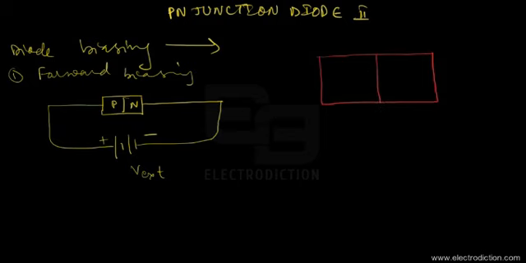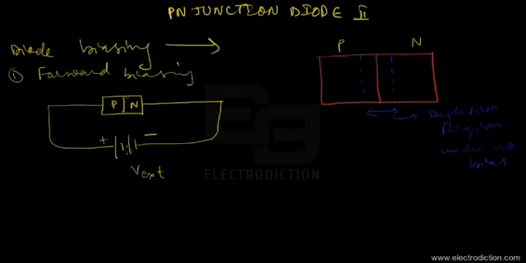So imagine that this is a P-N junction diode, with the P side to the left and N side to the right, and let's say this blue colored dotted line represents the depletion region under unbiased condition. So this is the depletion region size under no bias.